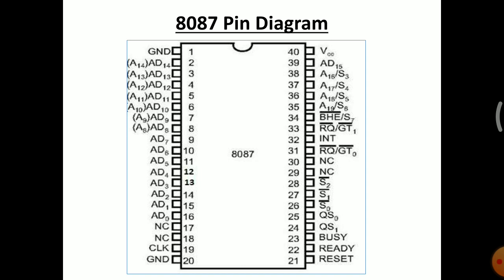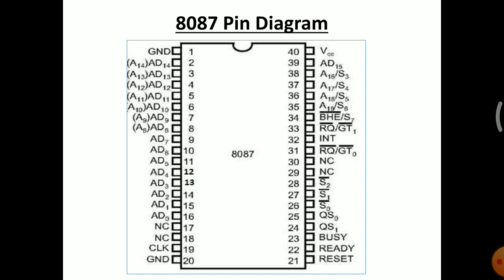There are various statuses such as whether the queue is empty, whether the first byte of the queue has to be fetched. Such different types of status can be indicated by QS0 and QS1 pins, so that 8086 accordingly can understand the status of the instruction queue of the 8087 math coprocessor.